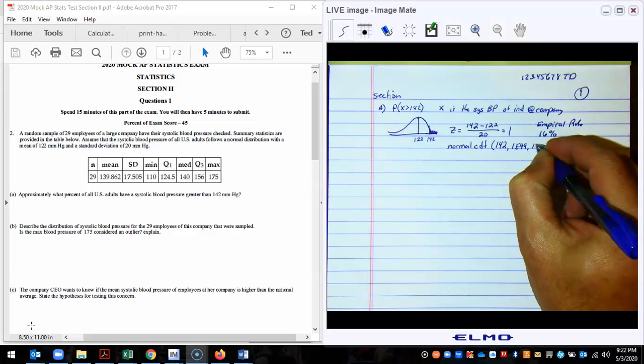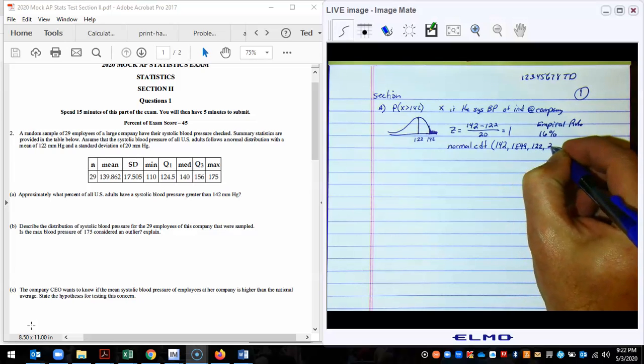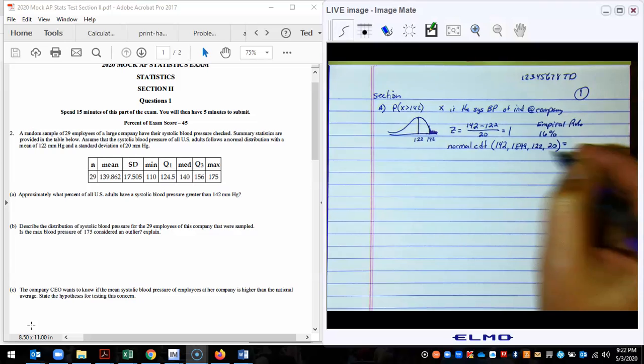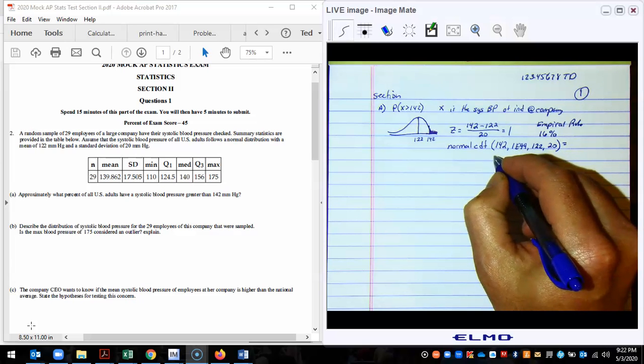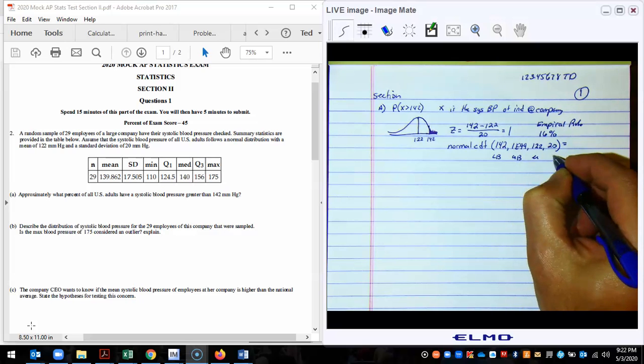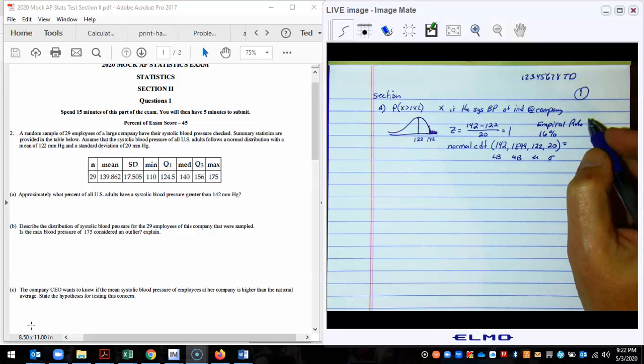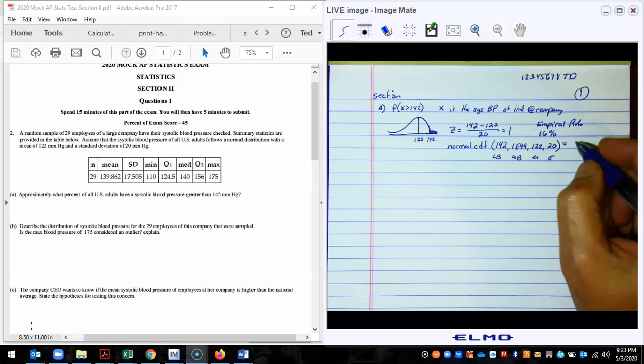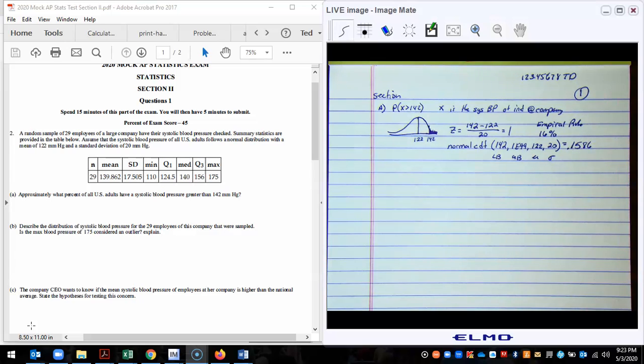We're going to have a mean of 122 and a standard deviation of 20. Remember, if we're going to use a calculator, we're going to use that calculator speak: this is my lower boundary, my upper boundary, my mean, and my standard deviation. Anyway, that turns out to be 0.1586, or 15.86%, whichever way you want to look at that.